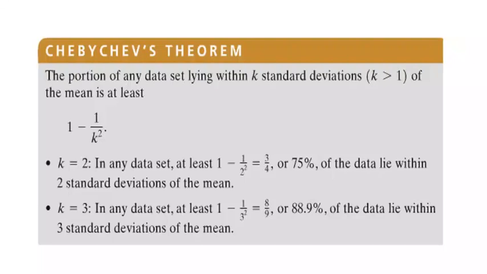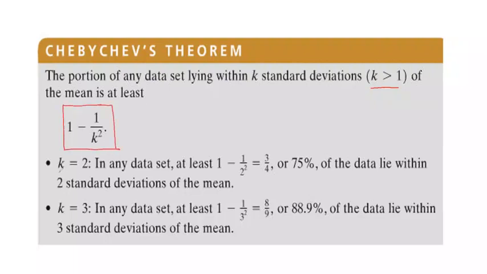It's called Chebyshev theorem. Chebyshev theorem states that the portion of any data set lying within k standard deviations, where k is greater than 1, of the mean is at least this expression. This is a formula.